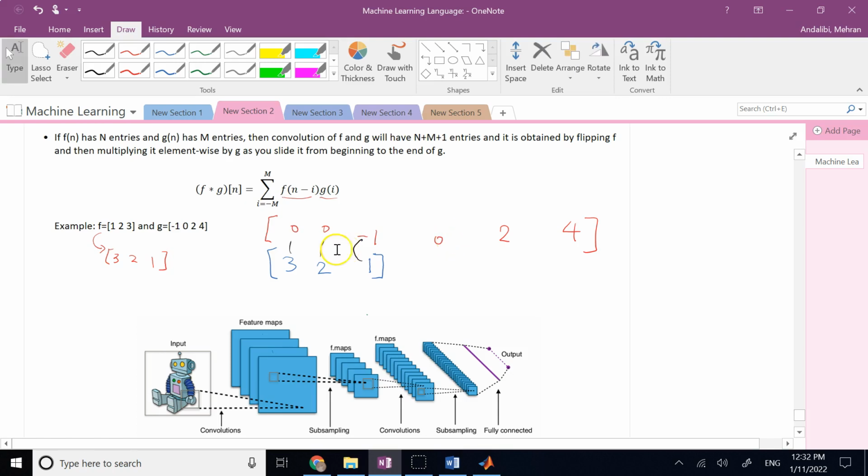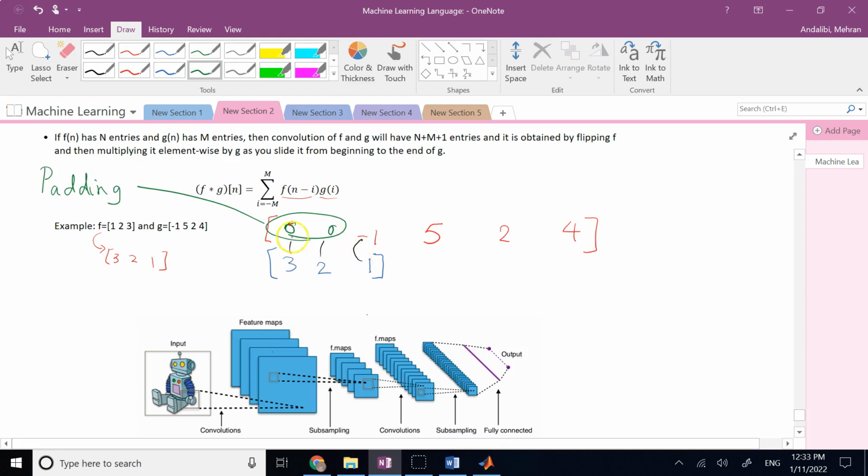If you don't like this zero, let me change it to something else, maybe 5, just for the sake of not being confused. So this is 5, let's say, and these two are zeros. So here are extra zeros that we are adding, we call padding. We are padding the vector with enough zeros, so now I can do it.